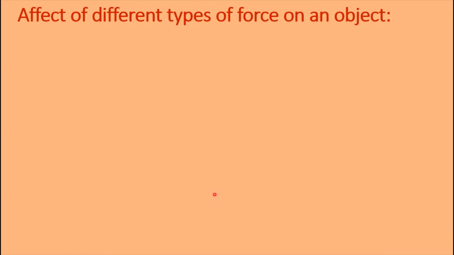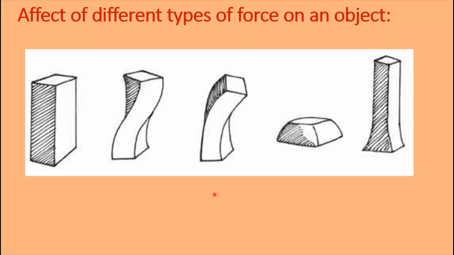Effect of different types of force on an object. Here we'll see the effect of different types of force on an object. This is an eraser. Here we'll apply different types of force on it.